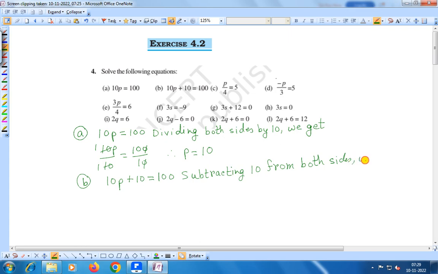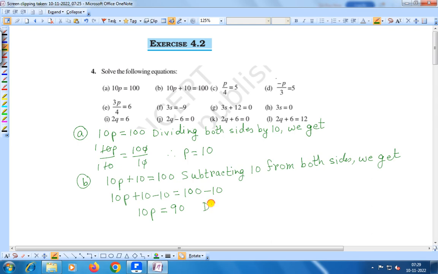We get 10p plus 10 minus 10 is equal to 100 minus 10. Therefore, 10p plus 10 minus 10 is 0. 10p is equal to 100 minus 10, that is 90.